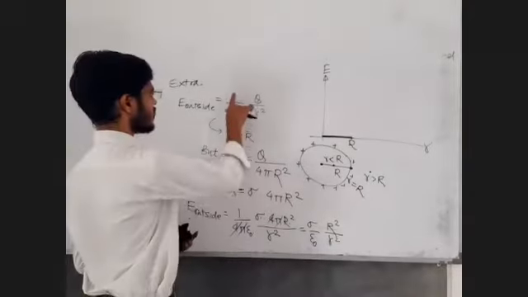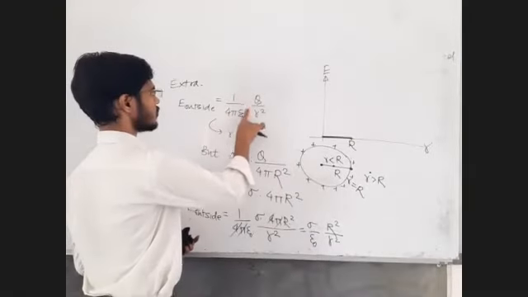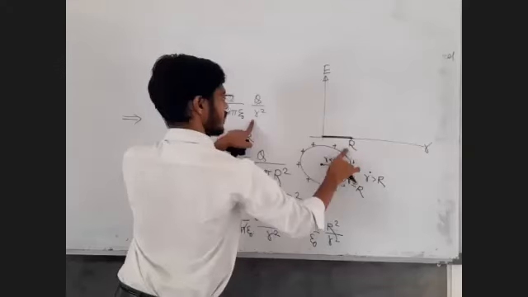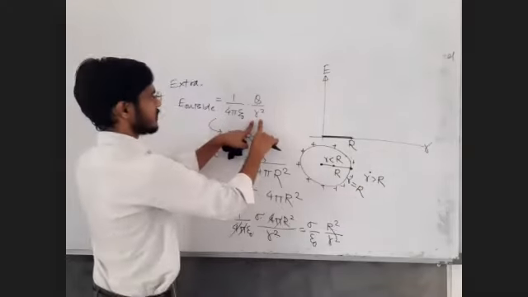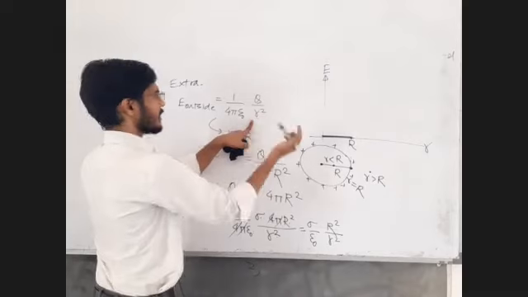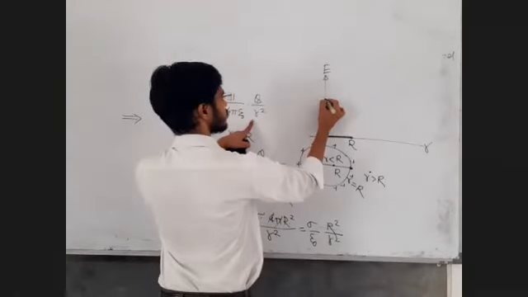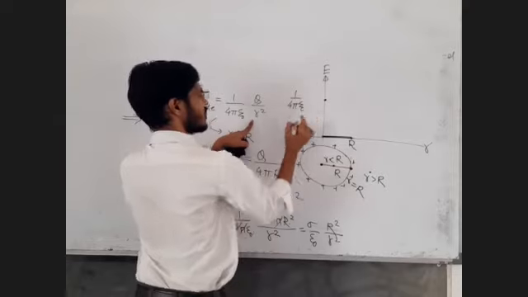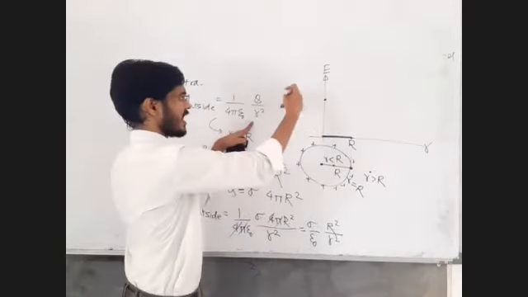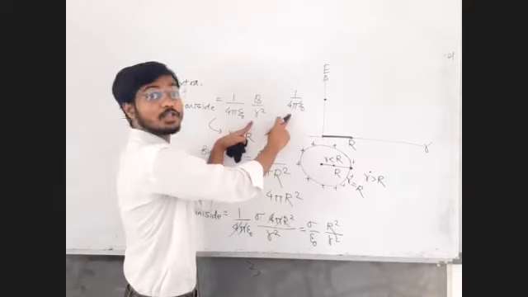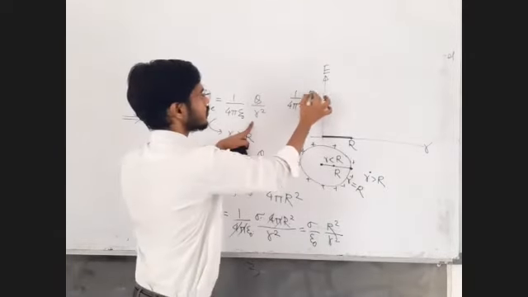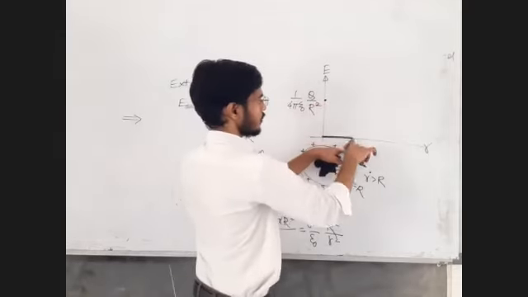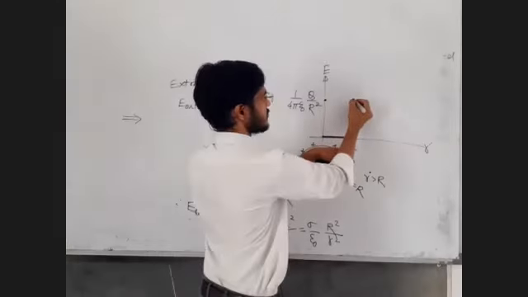Very simple: 1 upon 4 pi epsilon 0, Q upon r square, where small r on the surface is capital R. Just replace small r by capital R. It is 1 upon 4 pi epsilon 0, or k, small k, into Q upon capital R square. So on the surface this is the value of the electric field.